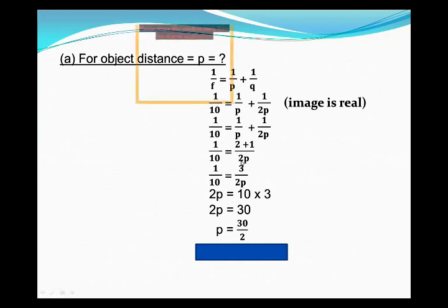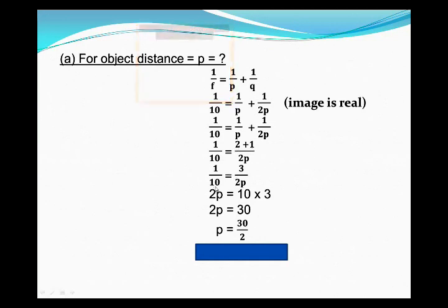After that, we compare the denominator of the second fraction. Here is 2p and the LCM is 2p, so both are similar, and we just write the numerator as it is. The numerator is 1. After that, we simplify: 2 plus 1 equals 3.